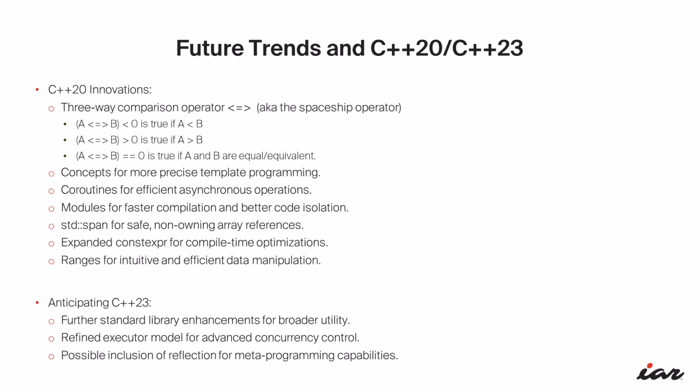So you make a complete comparison operation in one go. Plus a lot of other nice features. Then further on the horizon, we have C++ 23 as well with its own set of new extensions.